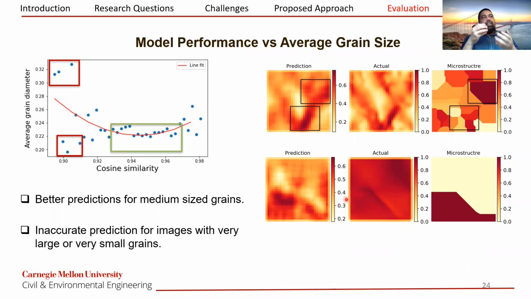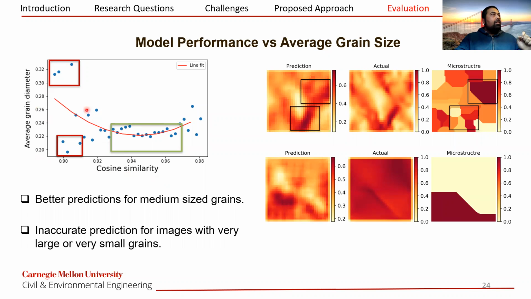I just want to say that the way we decided the training set was, we had this diameter range and we provided almost the same amount of samples, so that there is no bias in the model against any kind of microstructure sample. What you see here is the average grain diameter, relative to the microstructure size, and we compared it here with the cosine similarity.